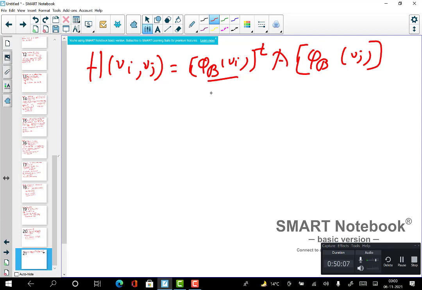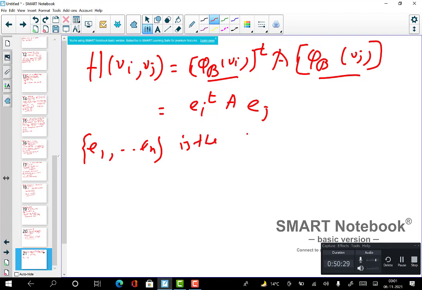When we talk about coordinate maps, this is the standard basis. So this will be Ei transpose, then A, and then Ej, where E1, E2, ..., En is the standard ordered basis of Fn.